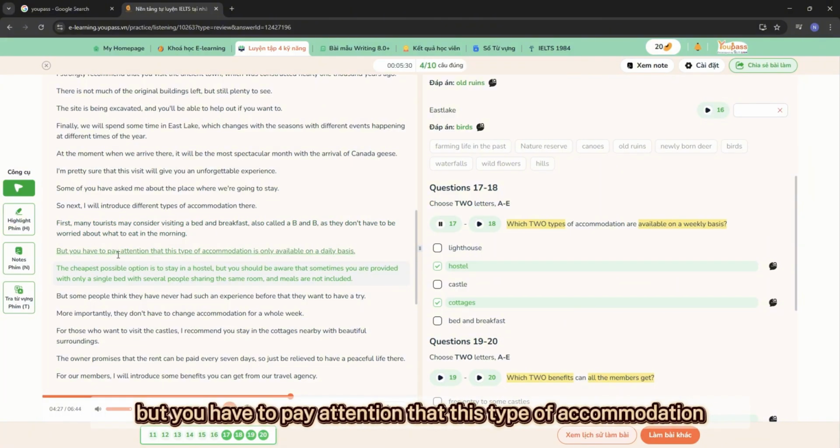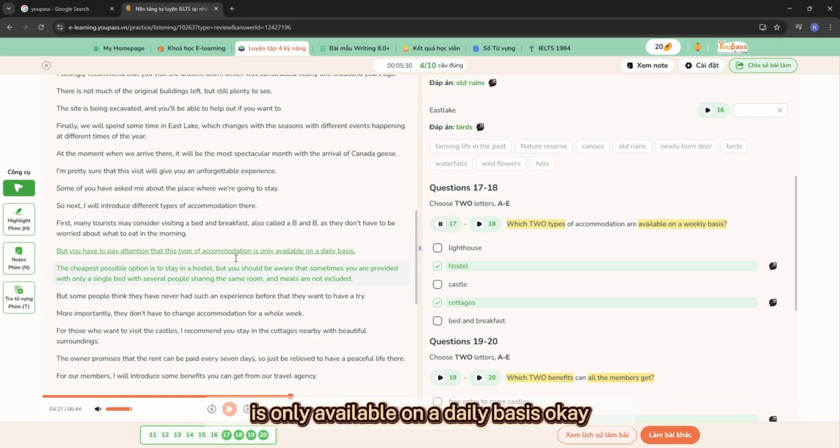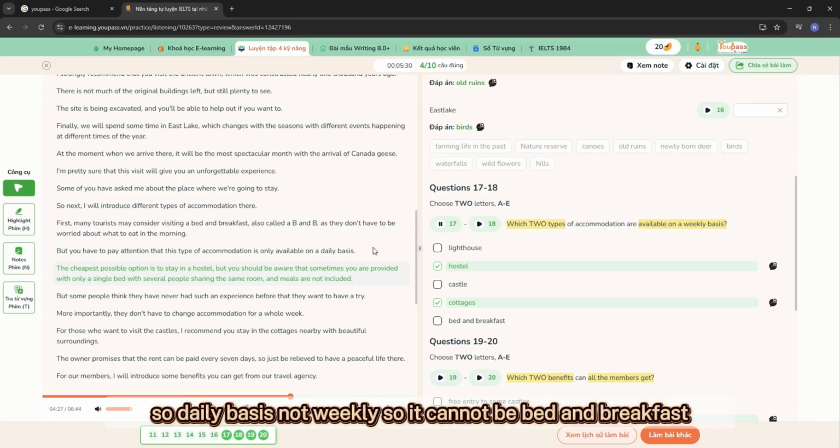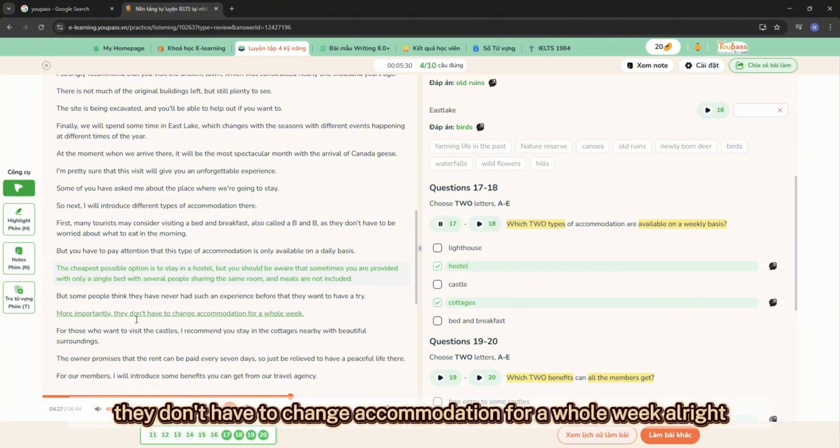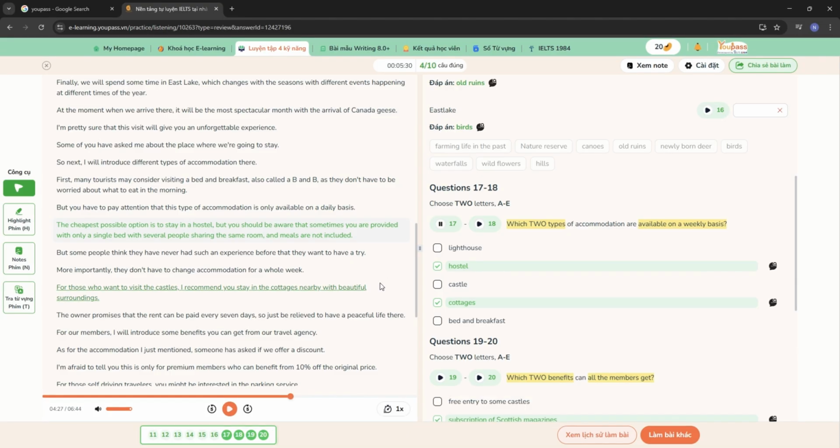But you have to pay attention that this type of accommodation is only available on a daily basis. Okay, so daily basis, not weekly. So it cannot be bed and breakfast. Next one, a hostel. But here they say that more importantly, they don't have to change accommodation for a whole week. All right, so that's why it's hostel.